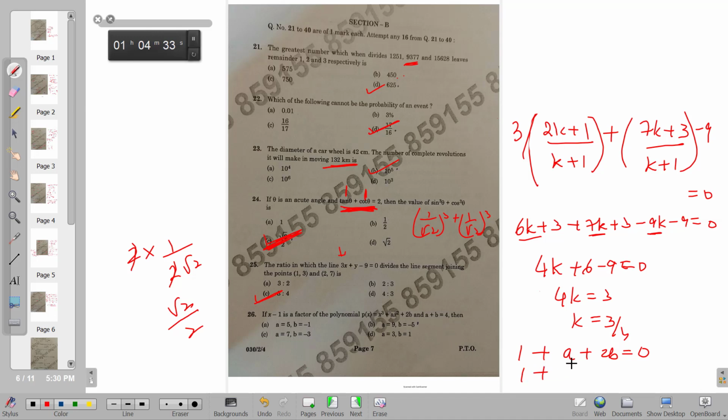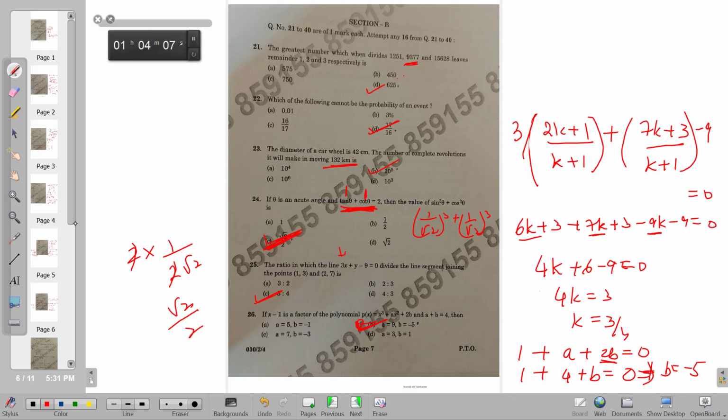That means 1 plus a plus b is 5. So 5 plus b is equal to 0, because I can split this 2b as b plus b. So I'm getting b is equal to minus 5. So b is equal to minus 5, a is 9. Alright, this is the only option which has b is equal to minus 5. You can quickly check whether option A, a is equal to 9, satisfies the condition. So the 26th answer has to be B.